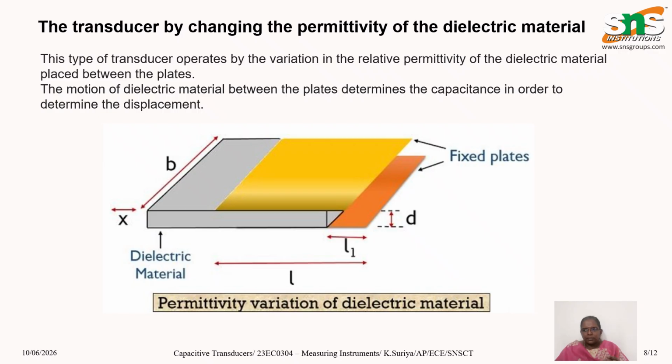Since capacitance depends directly on the permittivity of the dielectric material, any variation in the permittivity results in a change in the capacitance. By measuring this change, the displacement or movement of the dielectric material can be determined. This principle is commonly used in level measurement systems, humidity sensors, and displacement measurement applications where dielectric properties vary with environmental conditions.